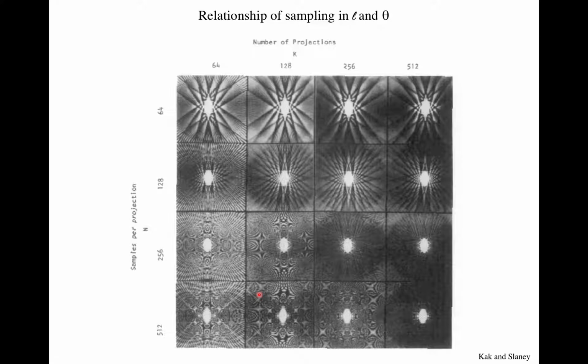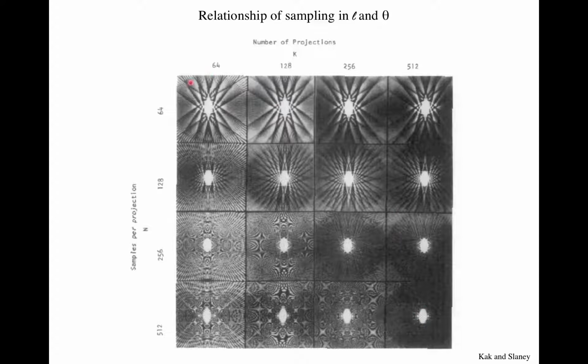And this is from a classic book on CT reconstruction by Kak and Slaney, where they plotted what the picture looks like as you vary the samples per projection. So this is along the L direction, like how frequently we're sampling in that direction for L, theta. And here we have 512 samples along the L direction, and this is 64. And this is the number of projections used to reconstruct the picture. And you can see the picture is just an ellipse here.